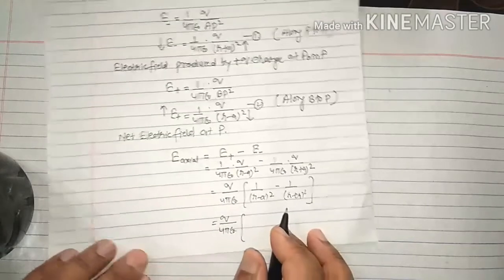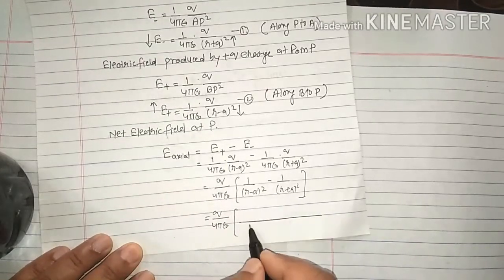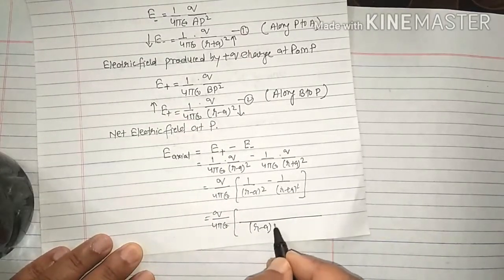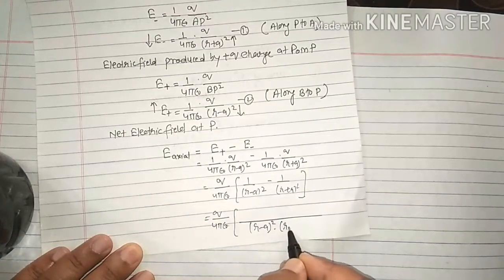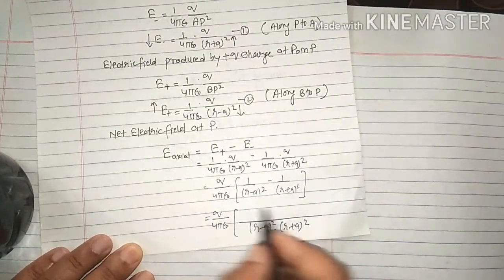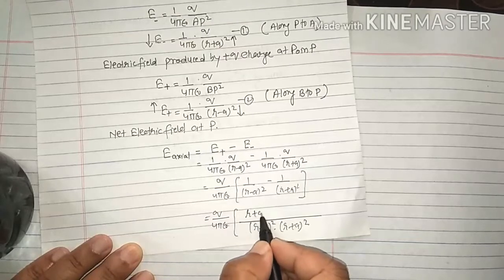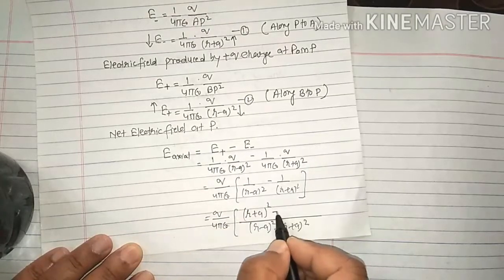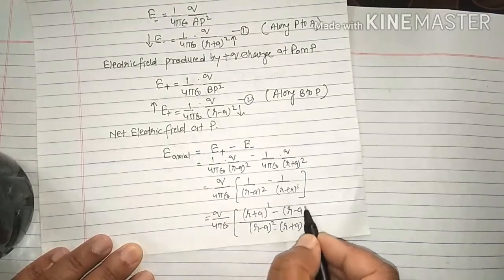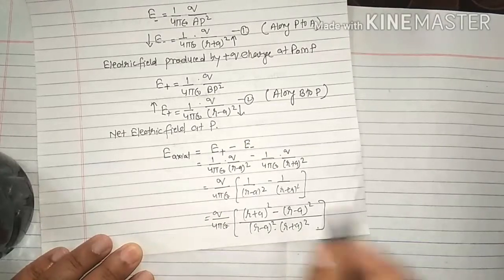Now the LCM of these two quantities is (R minus A) whole square into (R plus A) whole square. The numerator will be equal to (R plus A) whole square minus (R minus A) whole square. Now simplify.